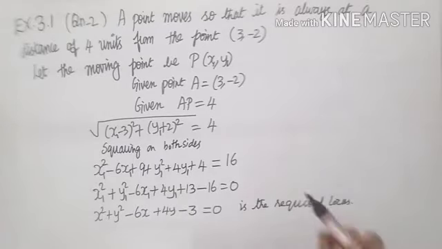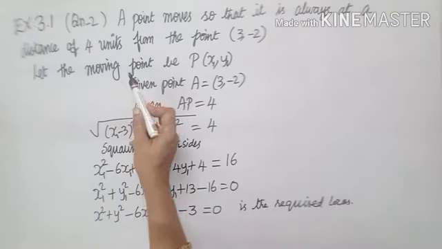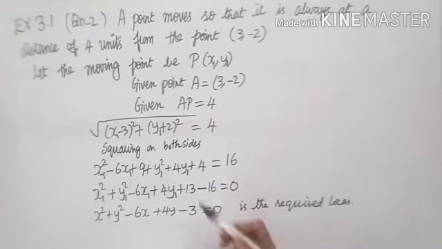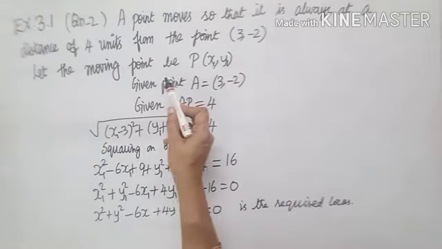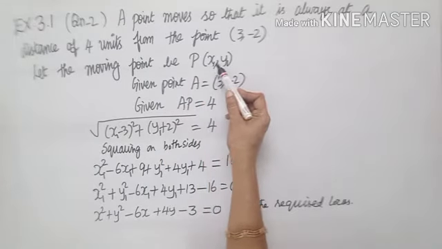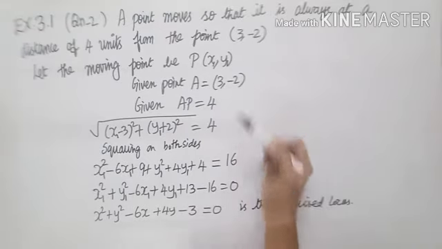Exercise 3.1 question number 2. A point moves so that it is always at a distance of 4 units from the point (3, minus 2). As before, let us take the moving point to be capital P having the coordinates x1, y1. The given point is (3, minus 2).